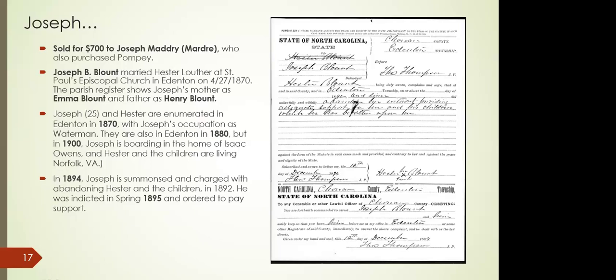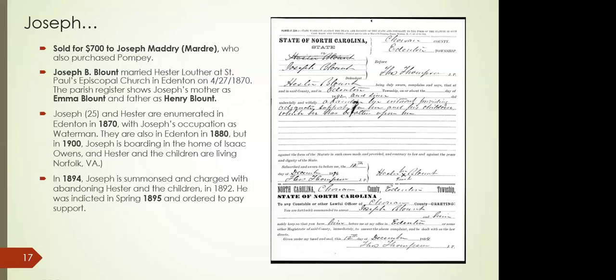And this is from 1894. But in the document, Hester says he left them in 1892 and has been gone ever since. He was indicted in spring of 1895. I have all the court paperwork. He was ordered to pay child support.